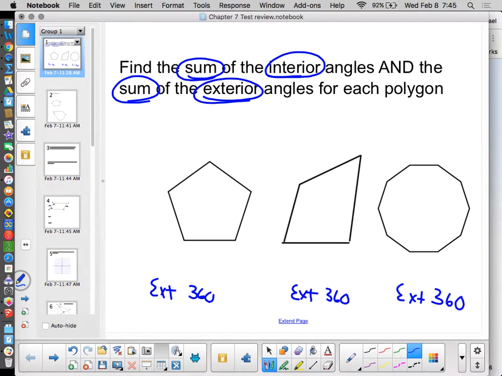Sum of the interiors is done by taking what formula? By the way, in math sometimes we shortcut. Instead of writing sum of, we use the Greek letter sigma to represent that.